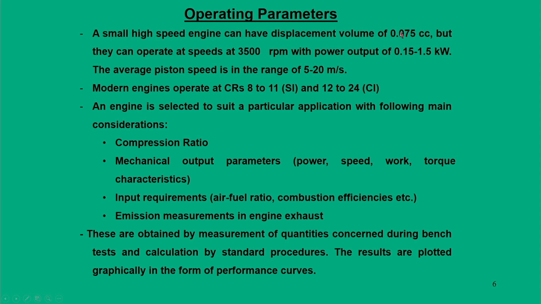So, a small engine can also run at very high speed, but the power output may be less. In that case also, the average piston speed could be in the range of 5 to 20 meters per second. The other extreme is that we can run the engine at low RPM but with high displacement volume.